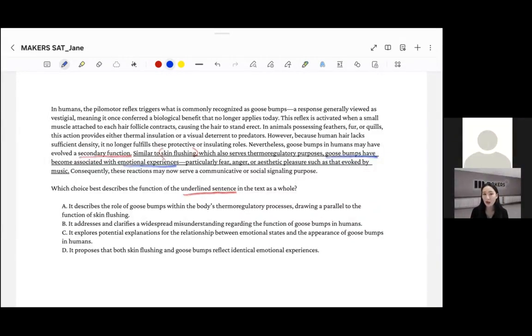So its role in the argument would be bridging biology with emotional and social explanation. So it helps explain why goosebumps are connected to emotions, is what this sentence is doing.